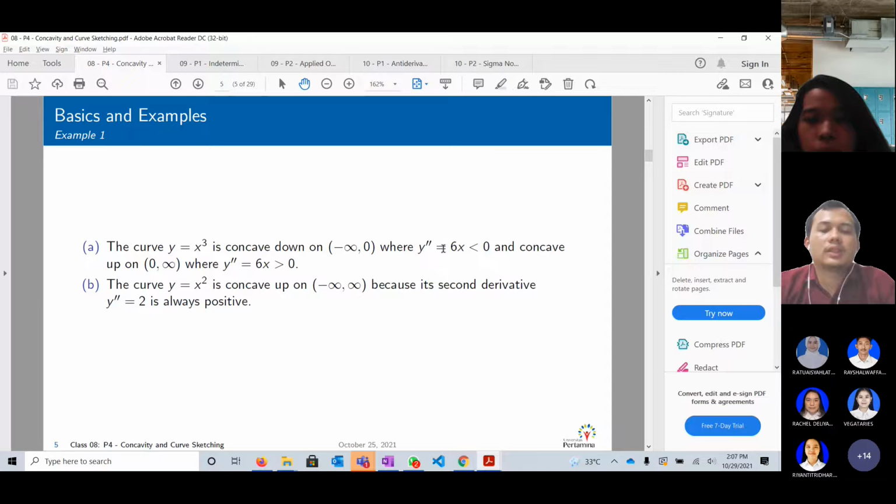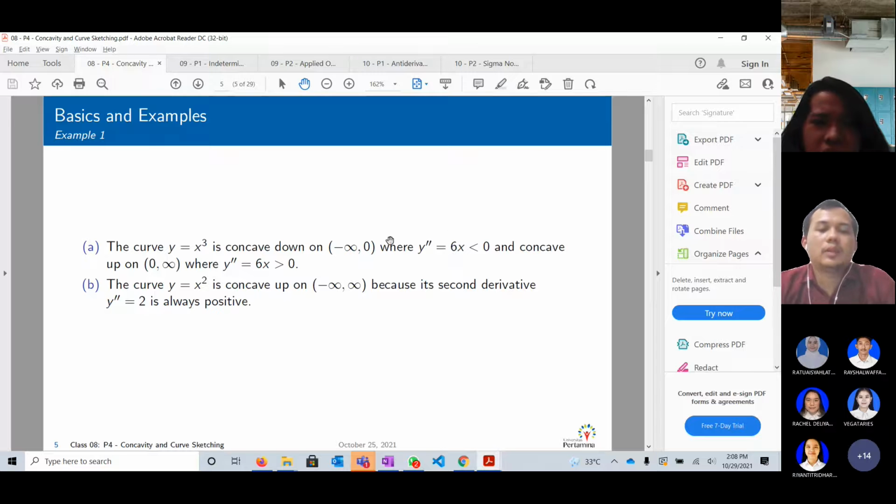So in this case, as long as x is negative, the second derivative is negative, and as long as x is positive, the second derivative is also positive. Turunan kedua dari x pangkat 3 adalah 6x ya. Nanti kalian bisa cari sendiri.